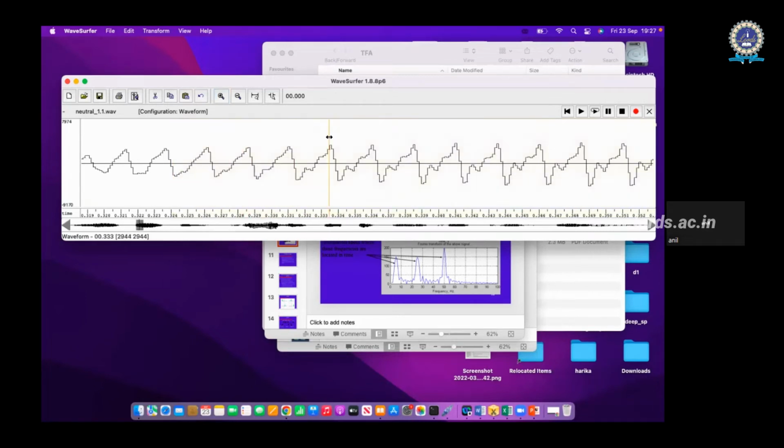I have highlighted this part. Is it stationary or non-stationary?